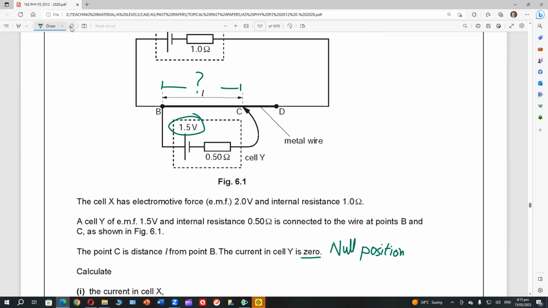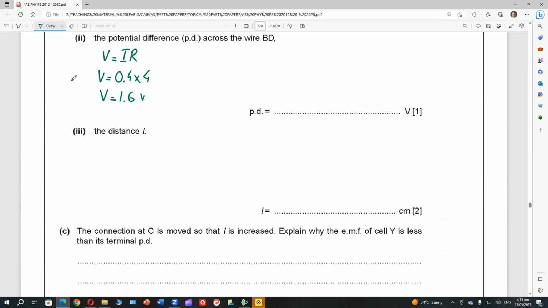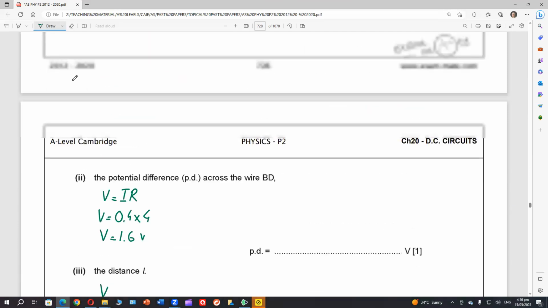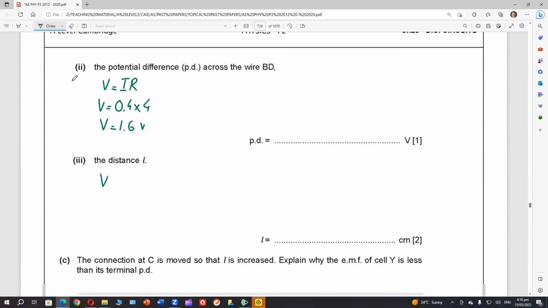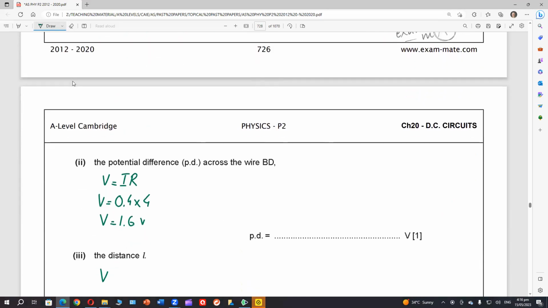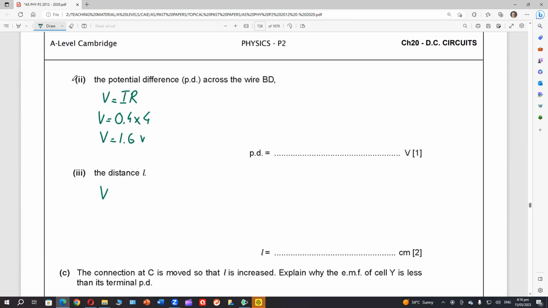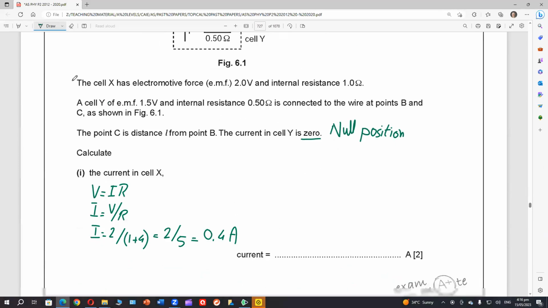This is the concept of potentiometer, that the two voltages should be equal to 0. So the voltage across that point is 0.